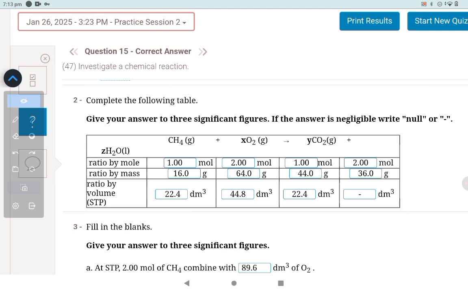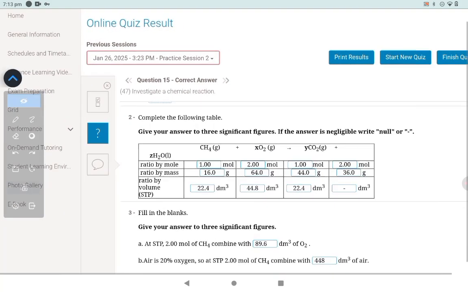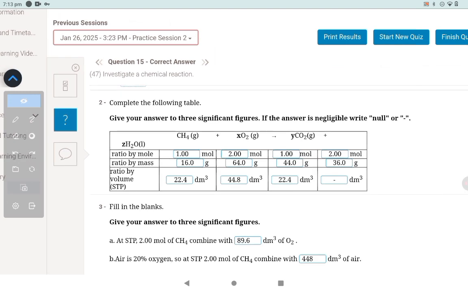Now here it says negligible, write null or dash. So here they put a dash for the last one, which is liquid. The volume is negligible for liquid. That's why we wrote it like that. Everything else here is gas.